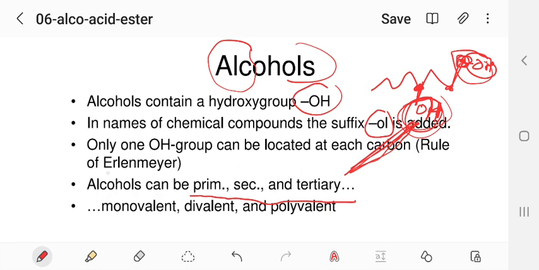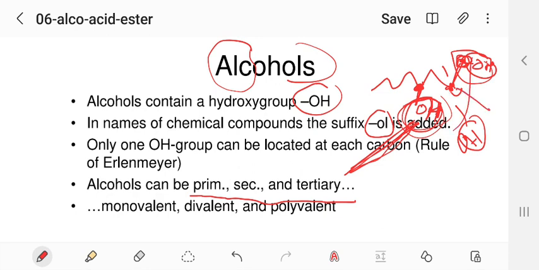And the rule of Erlenmeyer is that we can only have one hydroxy group at each carbon atom. So we can have, for example, a diol, like an alcohol with two hydroxy groups or more, but every carbon will only have one OH. So we cannot, for example, have, instead of a C here with two H's, this H also substituted with another OH.